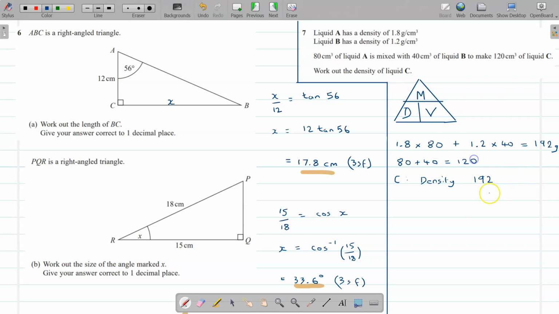This is my working. So it's going to be 192 divided by 120, and that's 1.6 grams per centimetre cubed. That's the density of liquid C. It's exact, you don't need to round that or anything because it's exactly as it comes out.